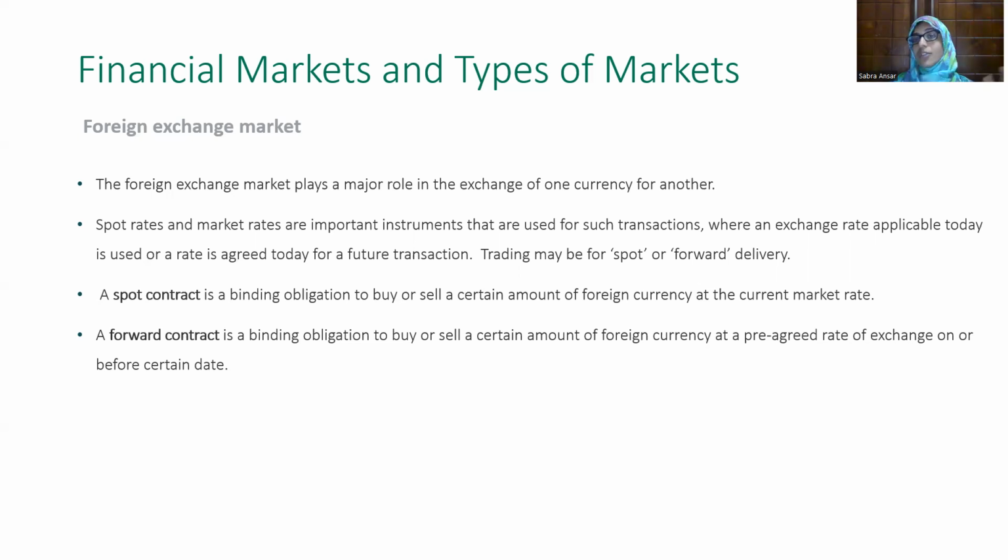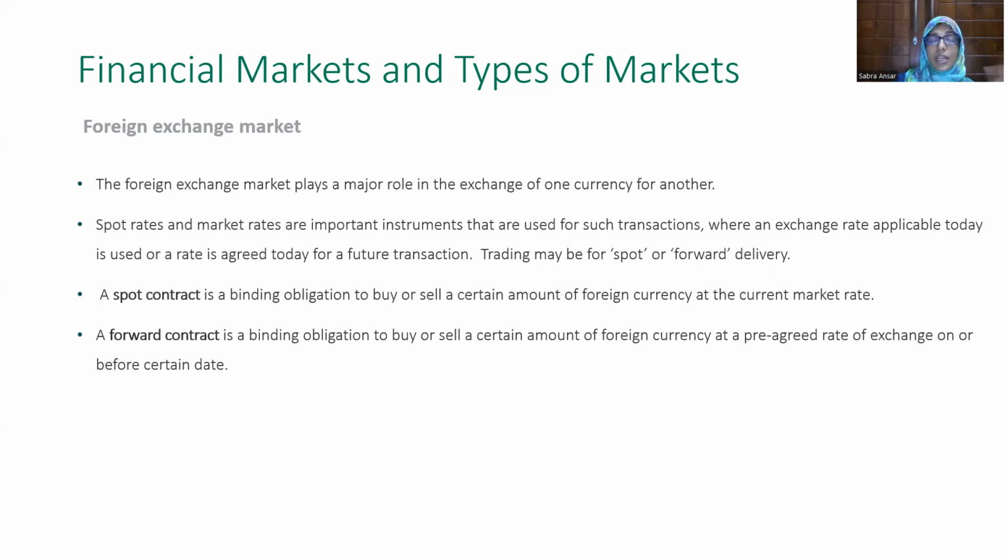So in a spot contract, when you're going to buy a certain amount of foreign currency, whatever foreign currency exchange rate is applicable at that time will be used. Okay, so that is a spot contract. But a forward contract is a binding obligation to buy and sell a certain amount of foreign currency at a pre-agreed rate of exchange on or before a certain date.